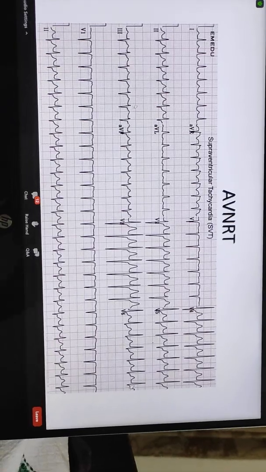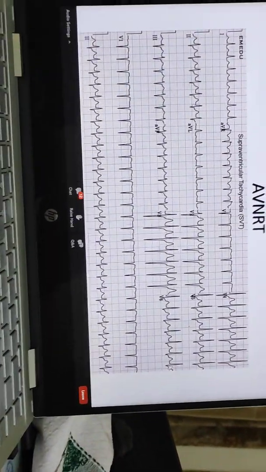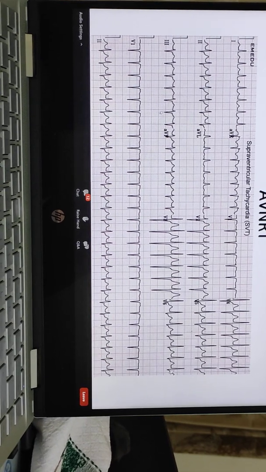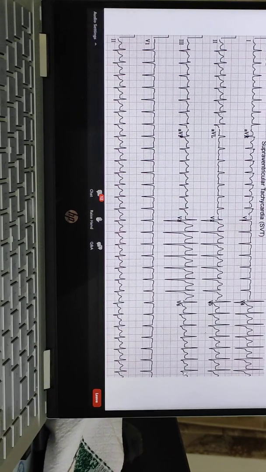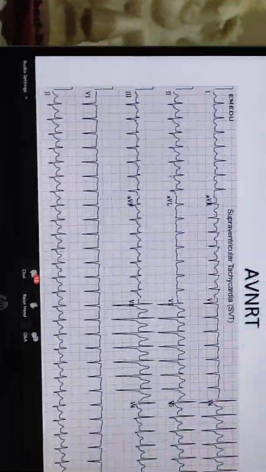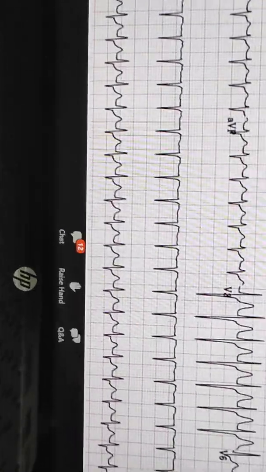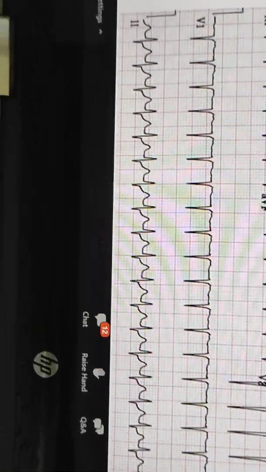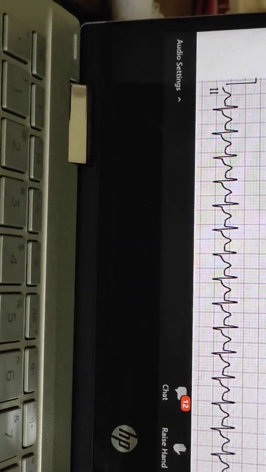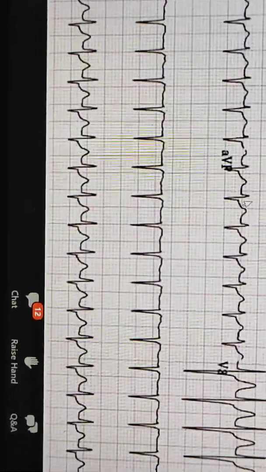So what you understand from this electrocardiogram is that my antegrade conduction to the ventricle and retrograde conduction to the atrium are occurring simultaneously. That means my retrograde conduction is happening fast through the fast pathway of the AV node. So in this ECG I can say boldly, the mechanism of re-entry is within the AV node, and this is the AV nodal re-entry tachycardia.